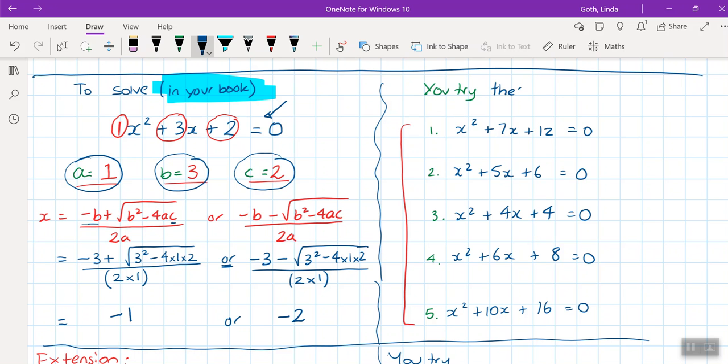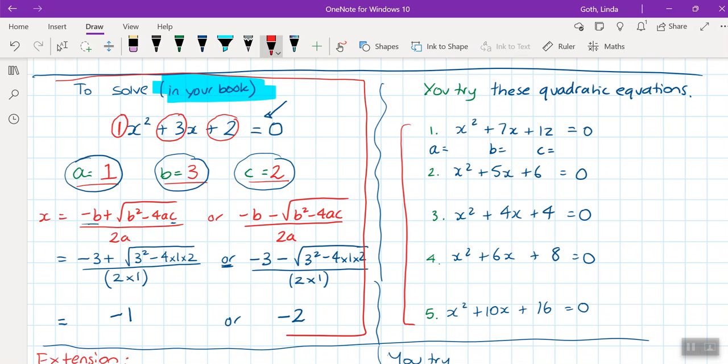Now you're going to try these quadratic equations. So for each one, you're going to write down the value of A, the value of B, the value of C, and you're going to substitute them into the quadratic formula. So your working out will look exactly like what we've got over here.